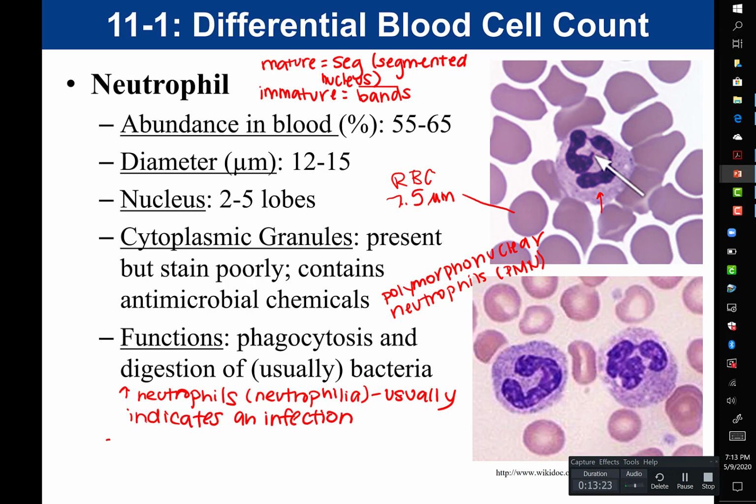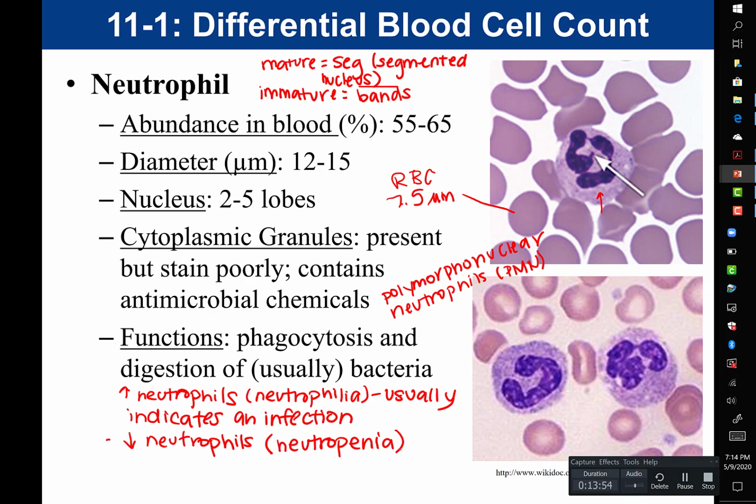Now, on the flip side, if we have low levels of neutrophils, we have something called neutropenia. And so low levels of neutrophils is not a good thing, because that means that the immune system is not functioning optimally.